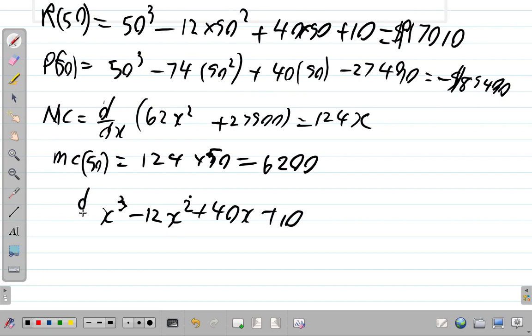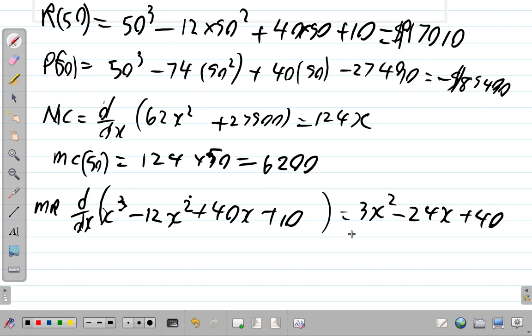We're going to find the derivative of this with respect to x, and this is the marginal revenue. So when you differentiate this, we get 3x squared minus 24x plus 40.